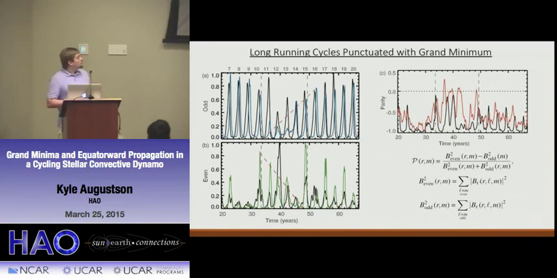And if you look at the odd modes, these would give you your hemispheric antisymmetry that you typically see. So positive in the north, negative in the south. And you can see during regular cycles, it's quite large. But during the minimum, and in particular at depth, the amount of energy in the odd modes is significantly reduced. And yet it increases slowly as you move out of this period of disrupted cycles of this grand minimum.